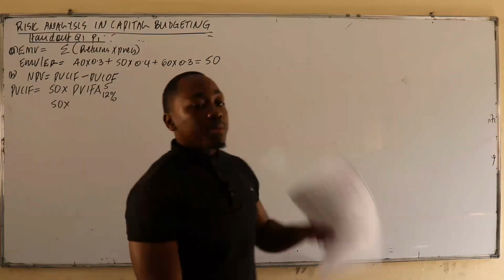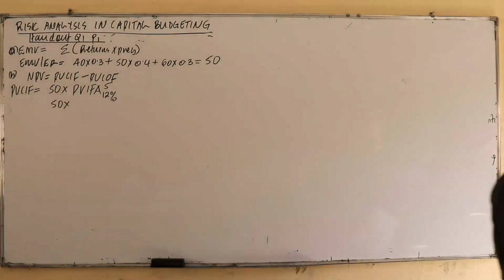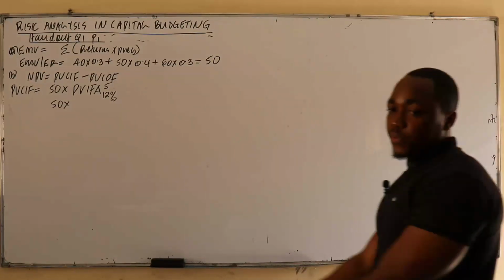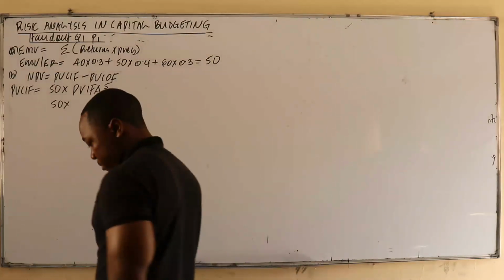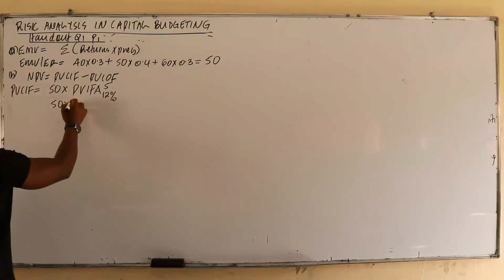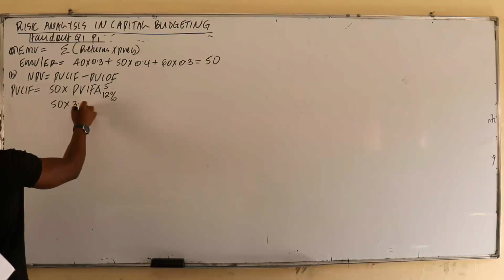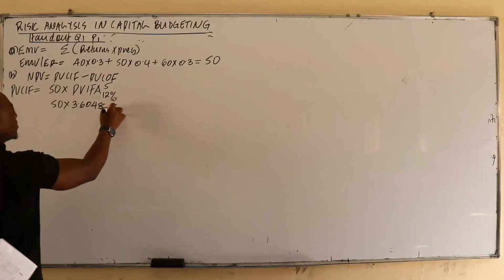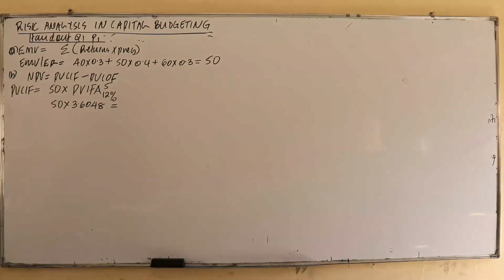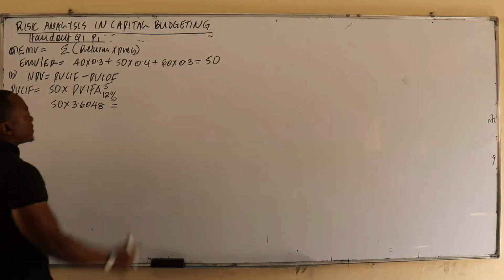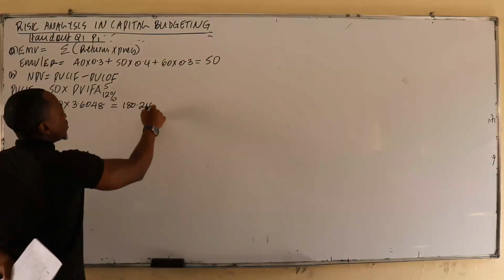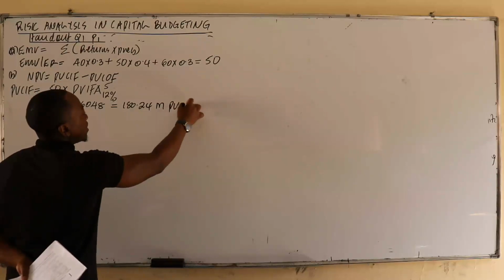Get used to that table because all the other topics will be using that discounting table. 12% for 5 years using the annuity table: 3.6. Good. So now give me the present value. You take 50, you multiply by the discounting value. $180.24 million. So that's the present value of cash inflow.